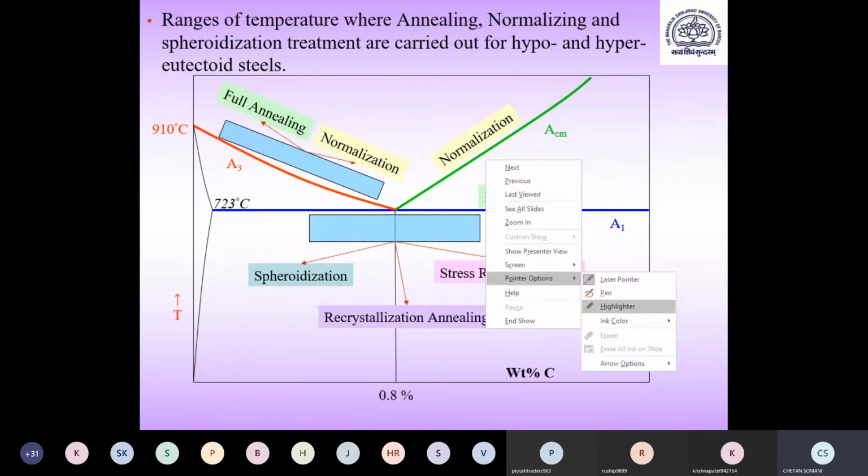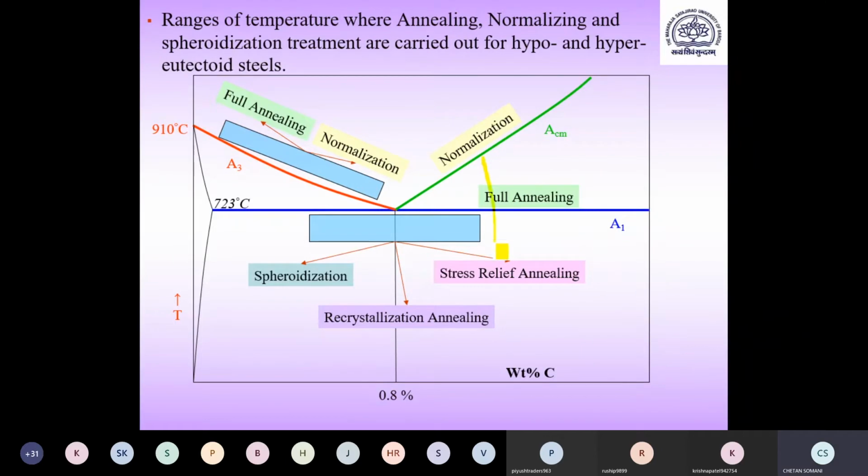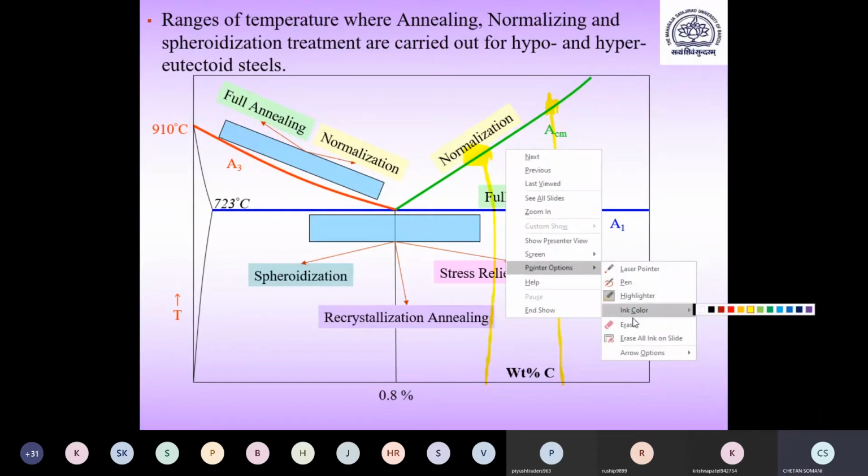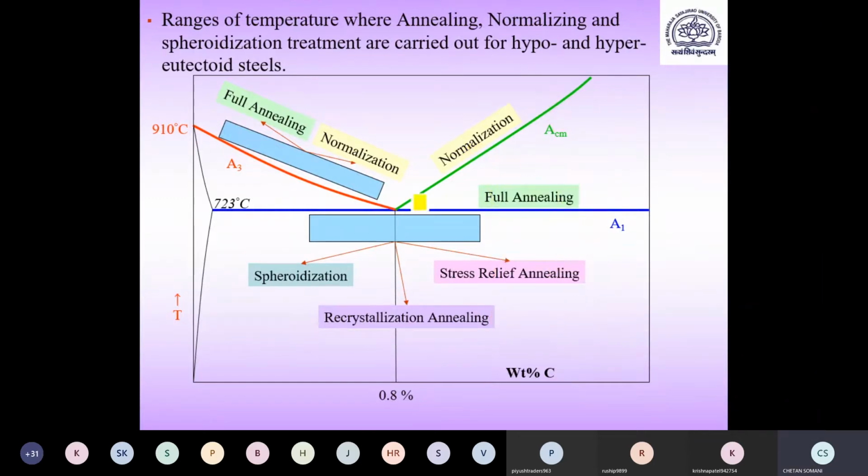Along this line, when you have this as your carbon content, you should follow this temperature. If you have higher carbon content, you should follow this temperature for normalizing. Right? Is it clear? The meaning of this line is that normalizing temperature increases with carbon content. This is very clearly indicated over here.